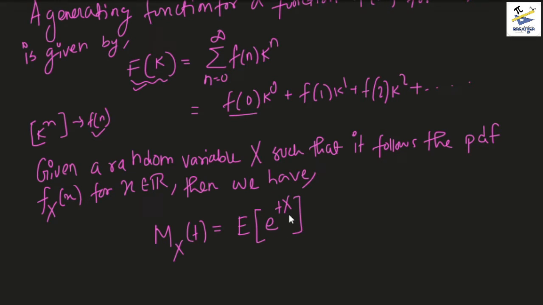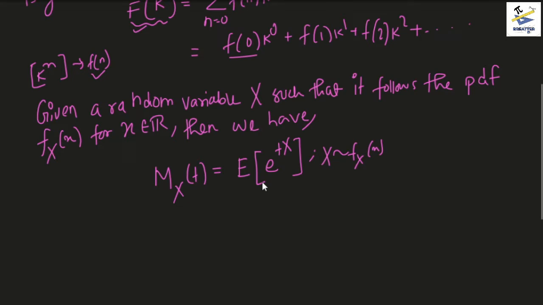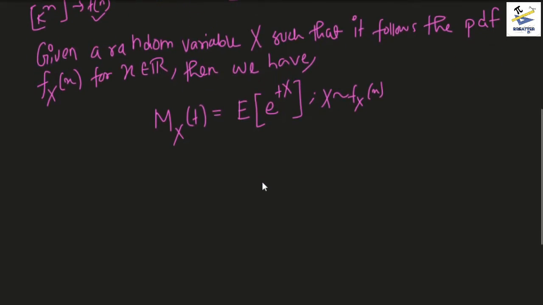So this is the definition of the moment generating function, where M_X of t is the moment generating function, t is a parameter or a variable here, and it is given by the expectation of e to the power tX, where X is the random variable which follows the PDF f_X. So this is basically the definition, but we need to understand how to find it and how to actually evaluate it. Different things that can be derived from the moment generating function are as follows.